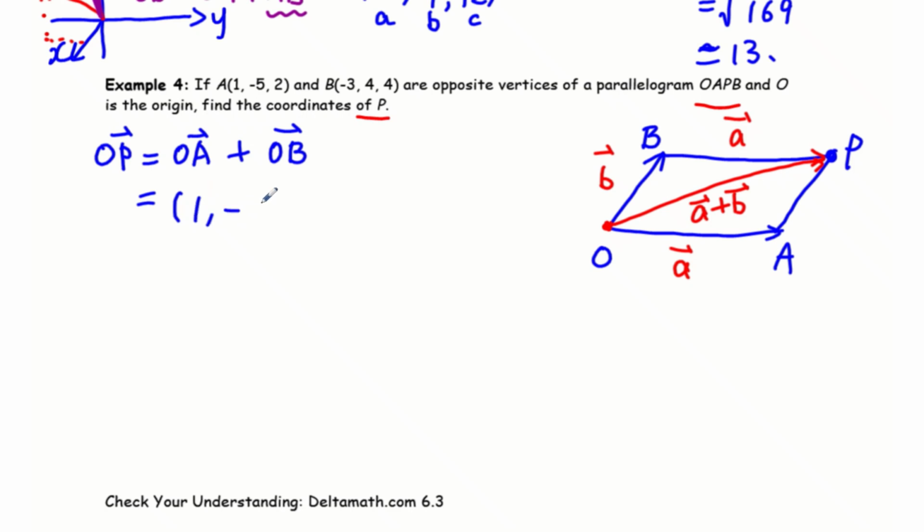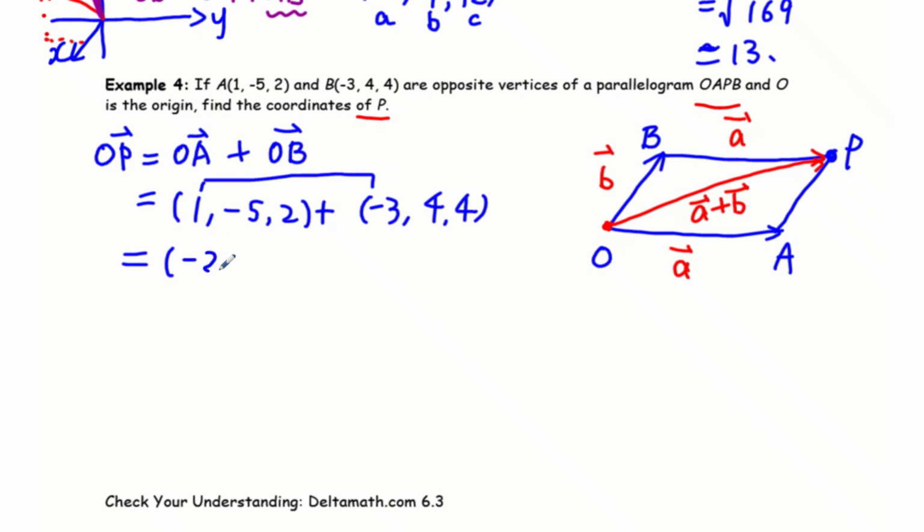So (1, -5, 2) plus (-3, 4, 4). Then add the x components, and make sure you add the y components and the z components: 2 plus 4 is 6, then it's done.